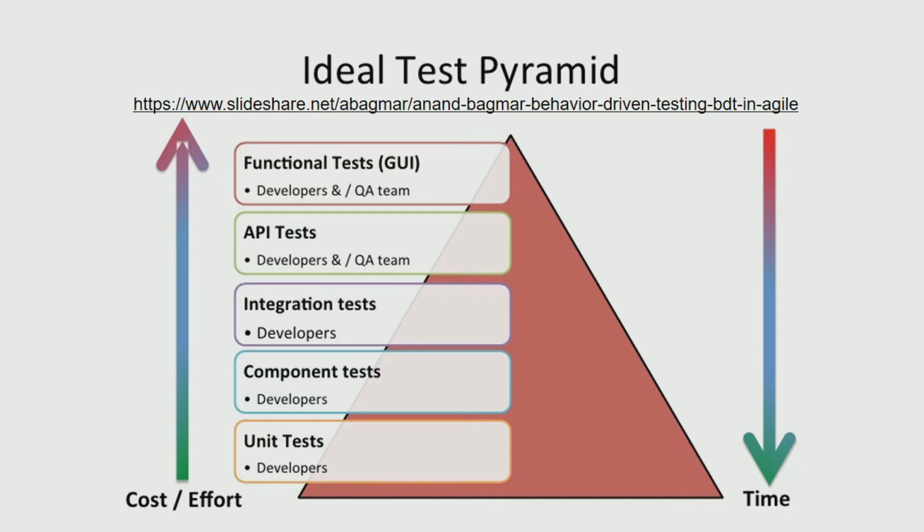And we definitely have things here in the middle, going from the very small piece of code, a little bit larger in component, integration tests as we put our components together, API tests and functional tests. So you can see time goes down as we go to the big end of the chart, and cost and effort goes up as we go up that pyramid. So we're going to focus down here at the bottom, the time and cost effective sweet spot in our mind.